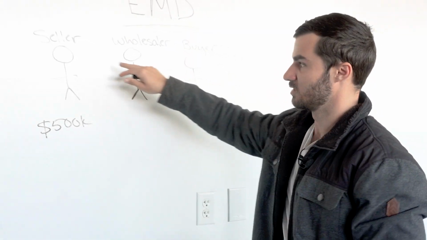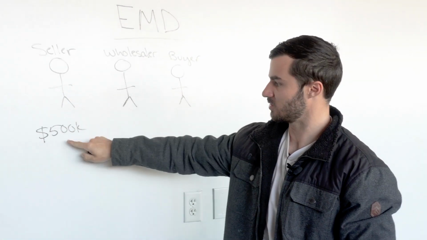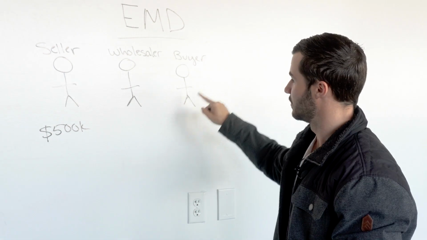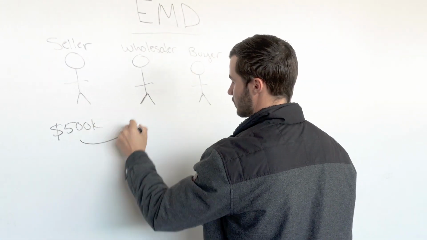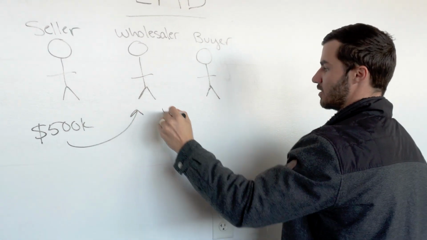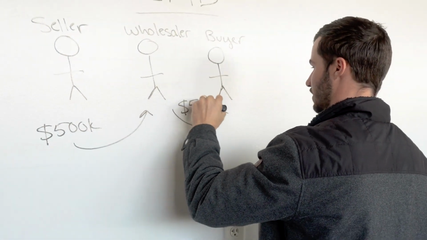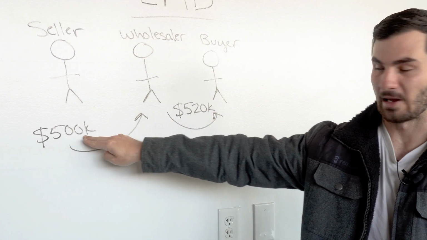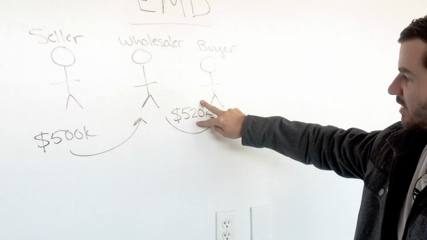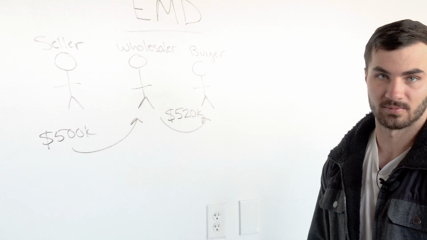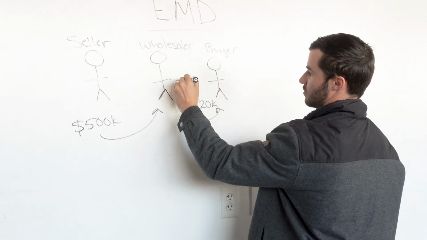And so this wholesaler gets a contract with the seller saying they'll sell this house for $500,000, but then they go find this buyer, and they tell the buyer, I'll sell you this house for $520,000. So they buy it for 500, sell for 520, they make the difference, right? They make that additional plus 20,000.